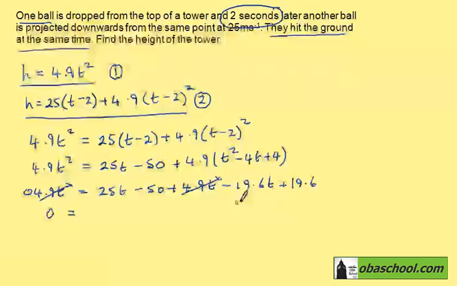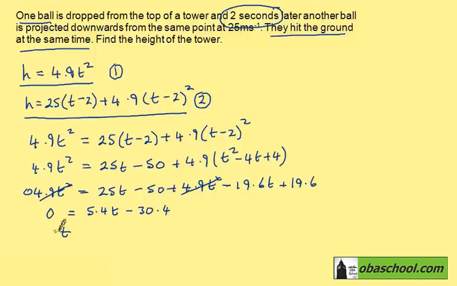25t take away 19.6t is 5.4t, and then we have minus 50 plus 19.6, which is minus 30.4.